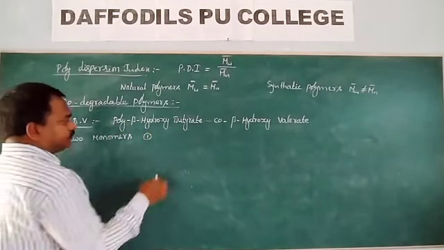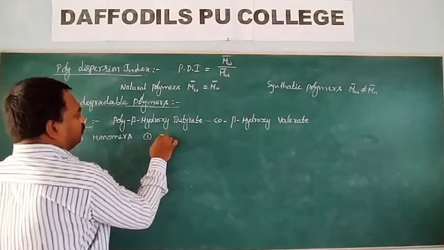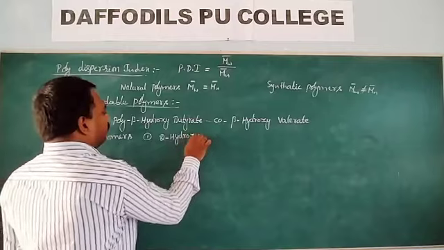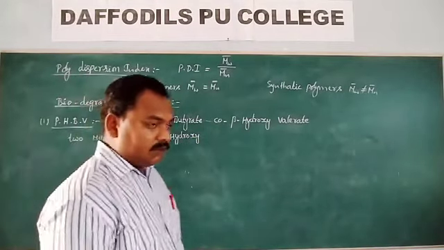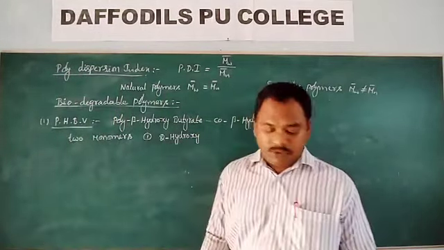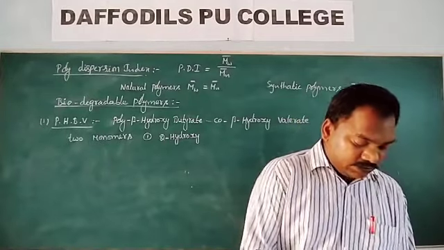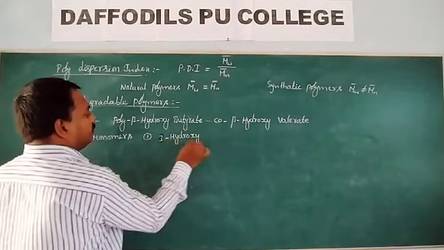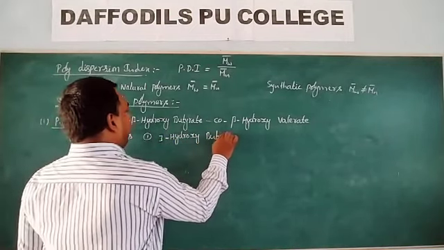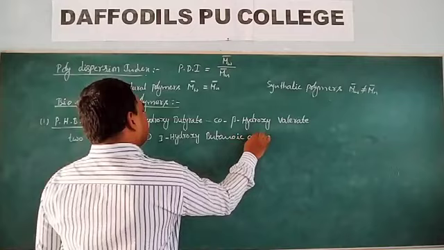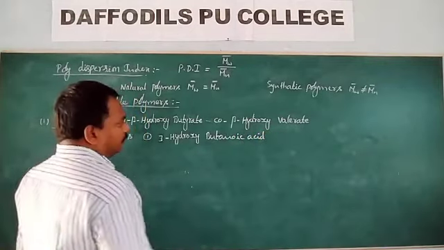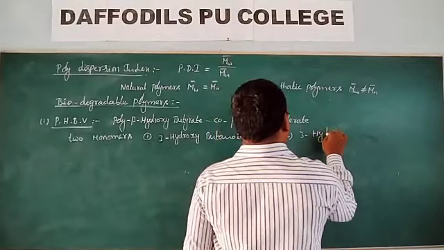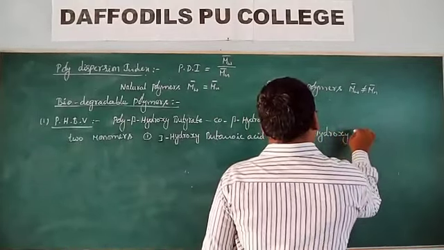One is 3-hydroxy butanoic acid. Another monomer is 3-hydroxy pentanoic acid.